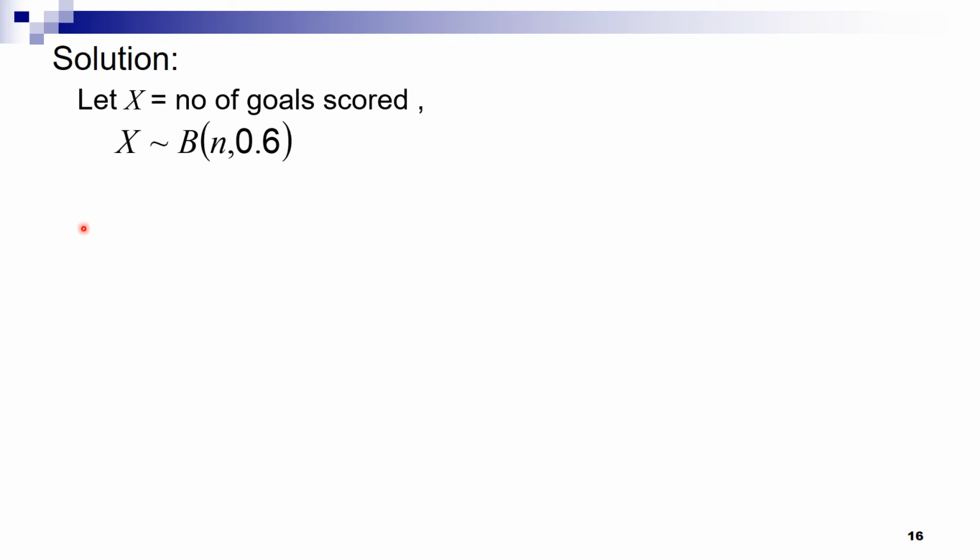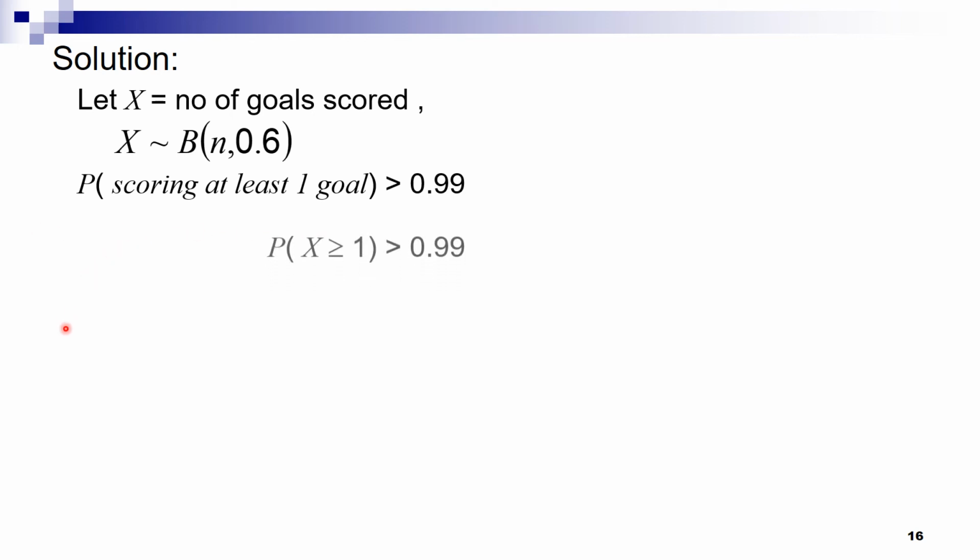So we write down the information and translate this into a mathematical sentence. So the probability of X greater than or equal to 1 is more than 0.99.